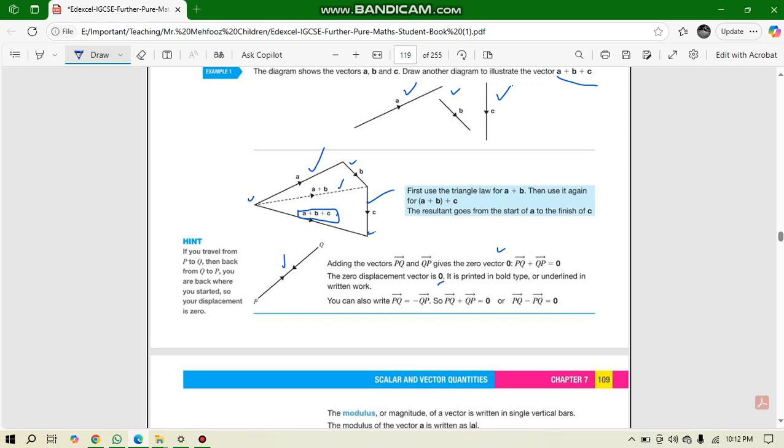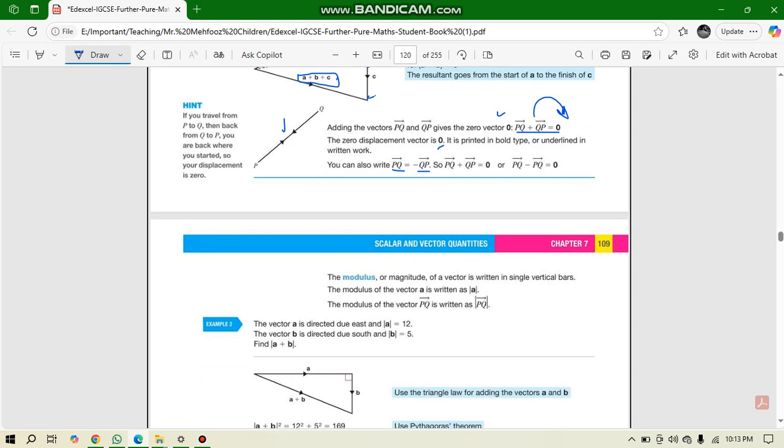You can also write PQ is equal to minus QP. How? Because if we move this QP to the right side, it will become PQ is equal to minus QP. So that's why the sum of these two vectors is 0. Why? Because they have the same magnitude but opposite direction.